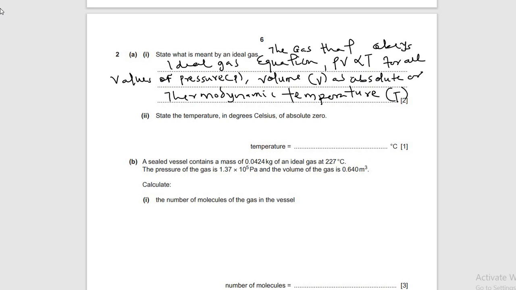That's it. A gas that obeys the ideal gas equation, which is PV proportional to temperature, for all values of pressure, volume, and absolute temperature. That's it.